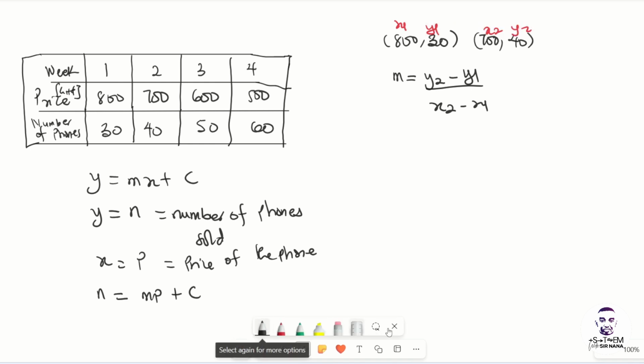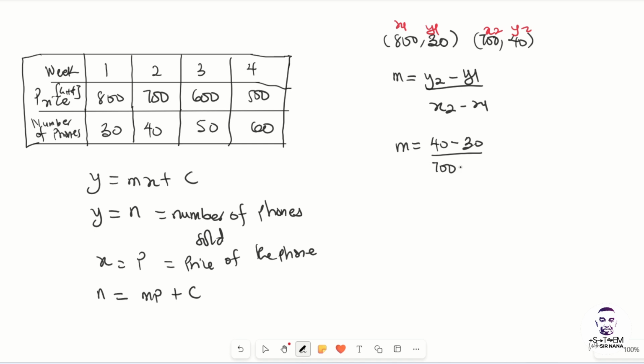It means that m will be equal to y2, which is 40, minus y1, which is 30, all over x2, which is 700, minus x1, which is 800. So our gradient m is equal to 10 over negative 100, which means m is equal to negative 0.1.